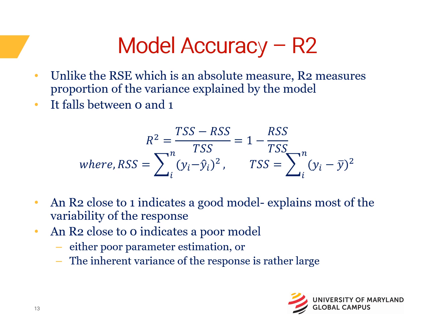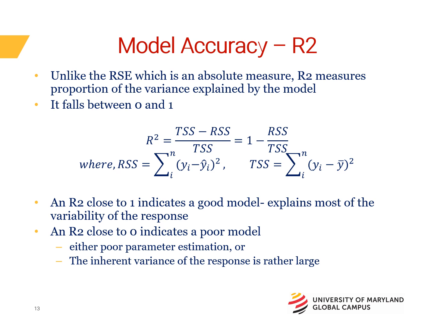Another metric to measure the accuracy of the model is R squared. Unlike the residual standard error, this one measures the proportion of the variance explained by the model, okay? And R squared falls between 0 and 1.